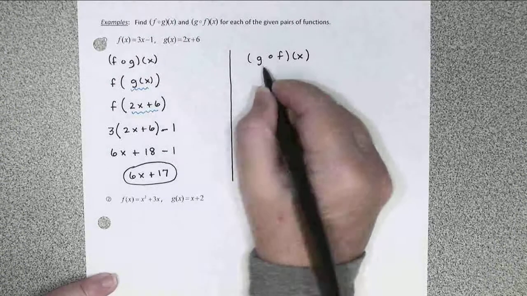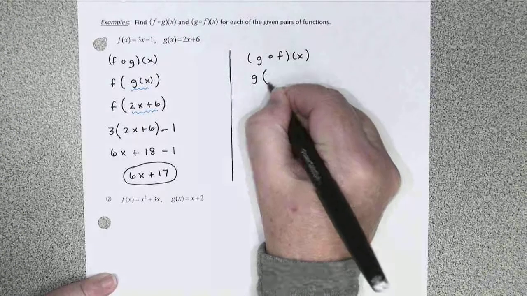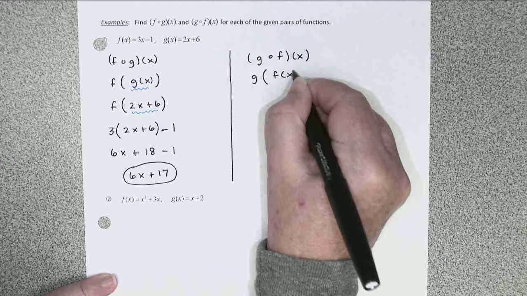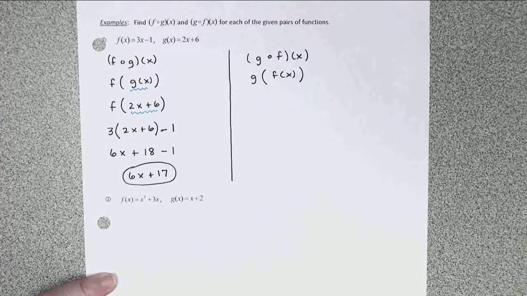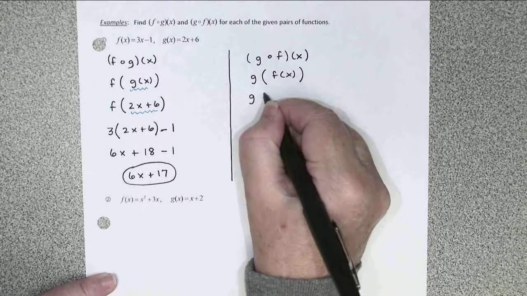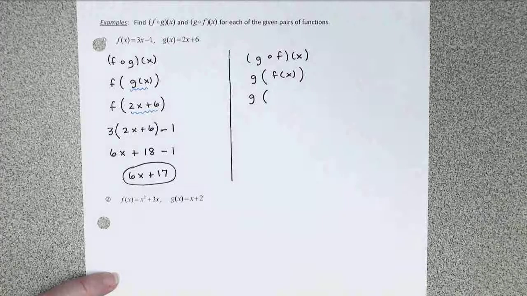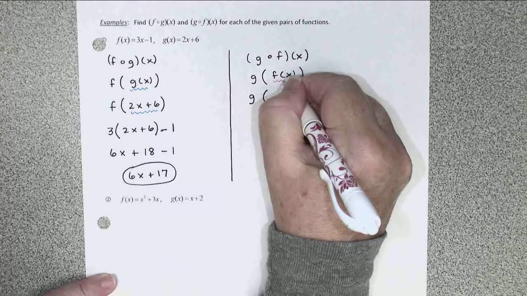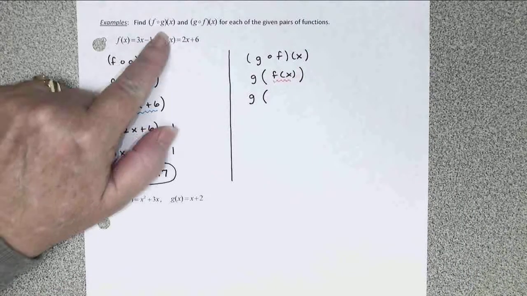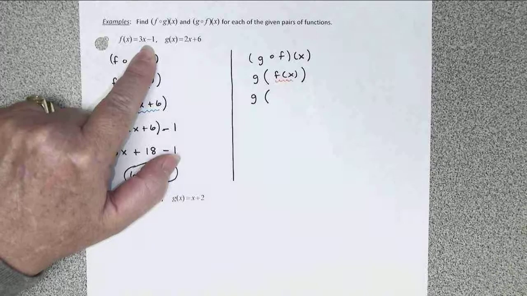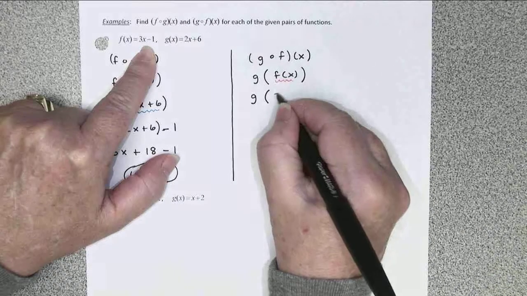Let's check it out. This would be g of f of x. So this time I'm doing the f first. I'll take that f of x and replace it with what f equals, 3x minus 1.